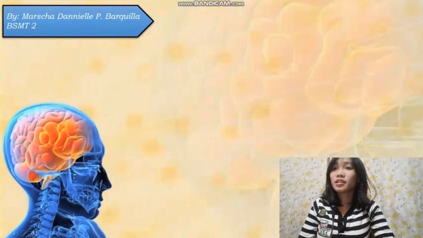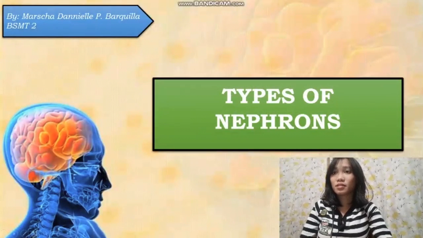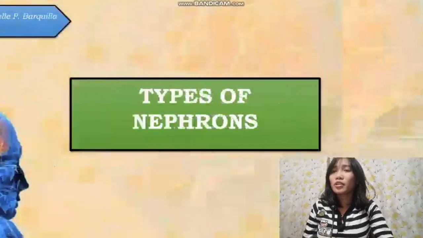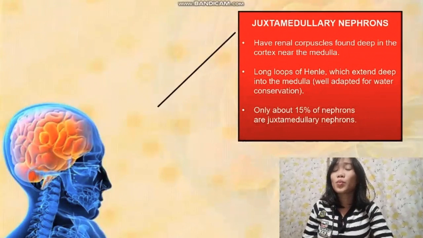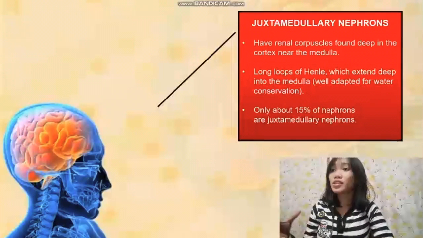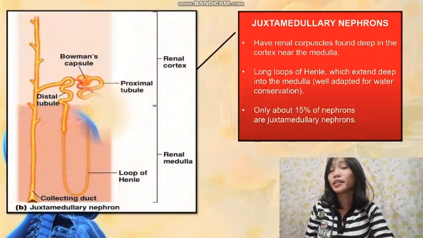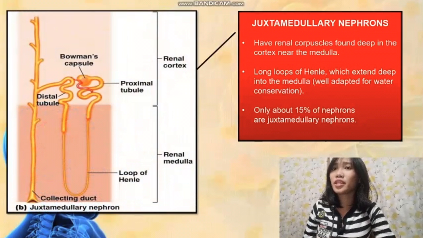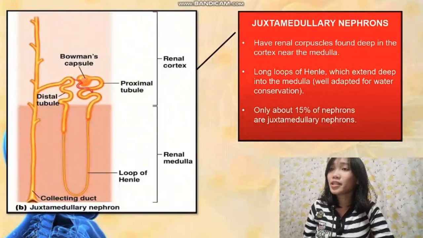Here we have the types of nephrons. First, the juxtamedullary nephrons. They have the renal corpuscles found deep in the cortex near the medulla.